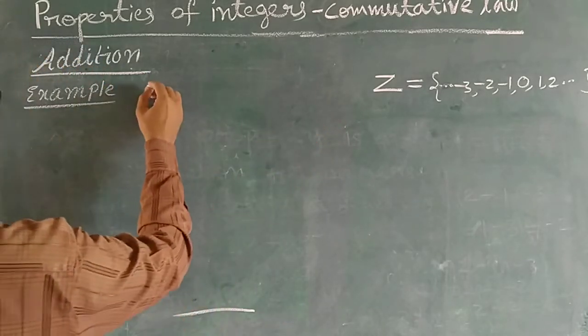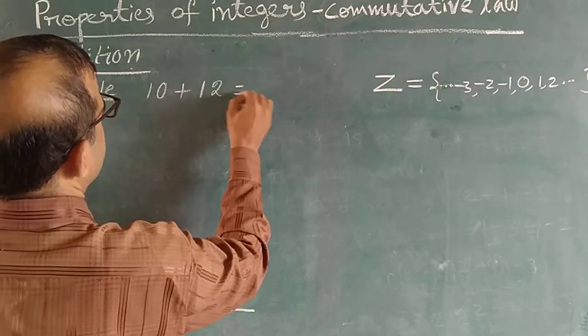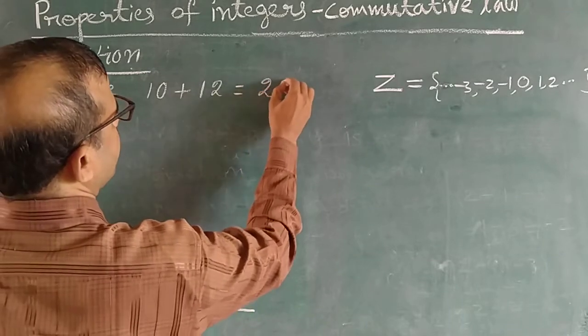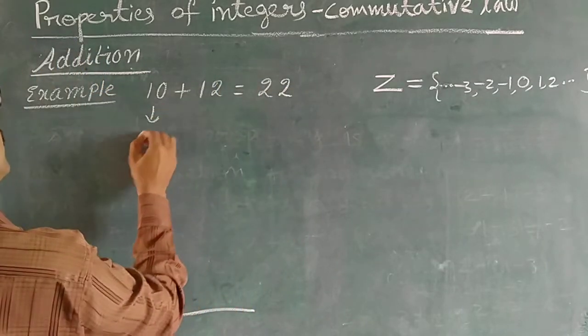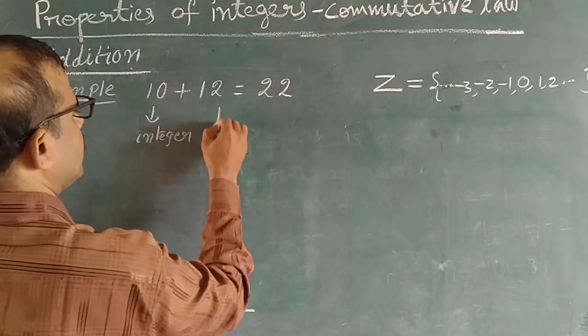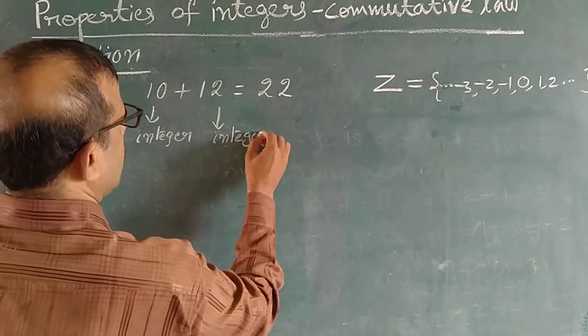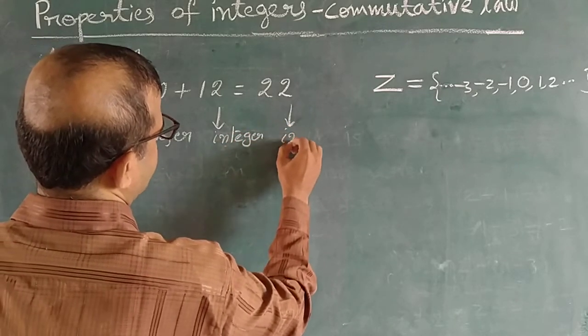I will take 10 and 12. So 10 plus 12 equals how much, children? 10 plus 12 equals 22. 10 is an integer, 12 is also an integer, and 22 is also an integer.